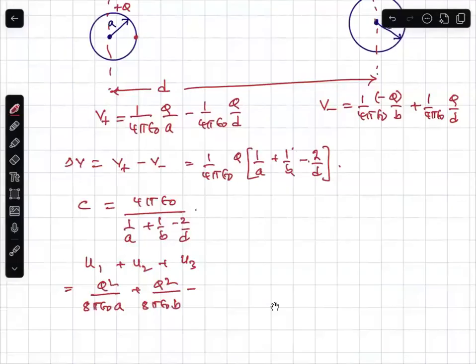And the interaction energy is minus Q square by 4 pi epsilon naught D. So that is Q square by 8 pi epsilon naught. If I take that common, then what I am going to have is 1 by A plus 1 by B minus 2 by D. That's it.